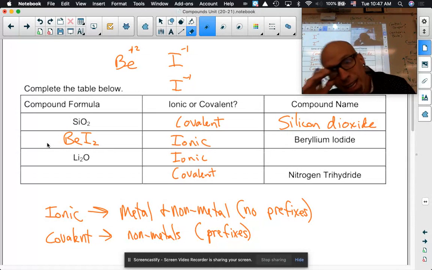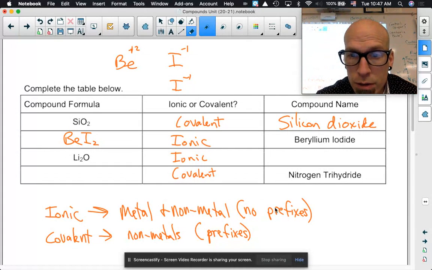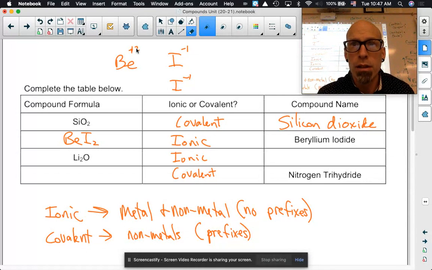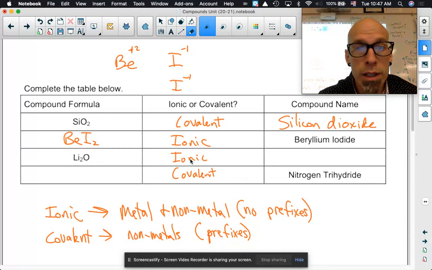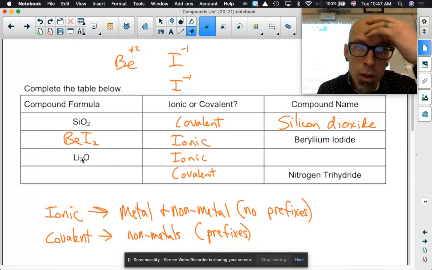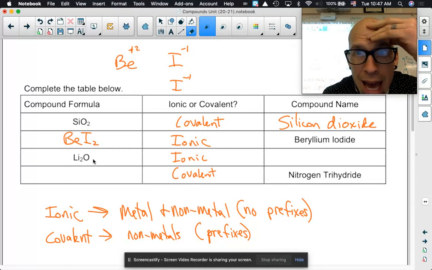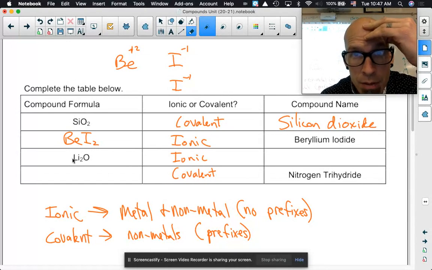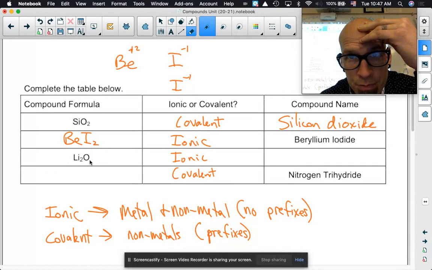Now, here's the thing. Again, we don't need prefixes for ionic because we have oxidation numbers. The oxidation numbers tell us how they have to combine. Now, to this one. Oh, it's another ionic one. So Li2O, how do you name that? Again, no prefixes, folks. It's an ionic compound, no prefixes. So the name is just the name of the positive ion and then the name of the negative ion.